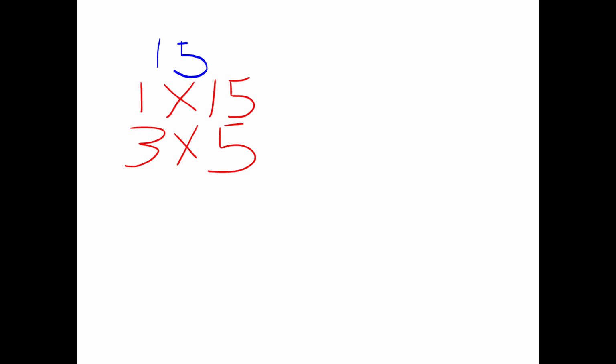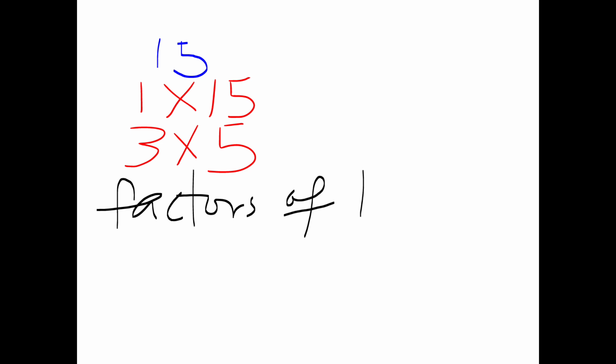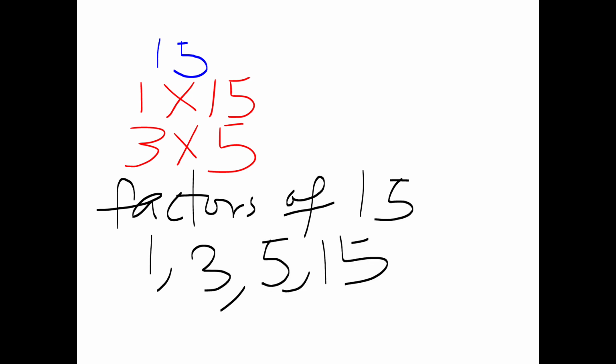Any other one? 5 multiplied by 3, 15 multiplied by 1, which we already have, right? Very good. So we list them out. From the beginning, we have what? Factors of 15 are what? 1, 3, 5, and 15. Do you see that they are so easy to get? Factors of numbers are so easy to get. Very good.